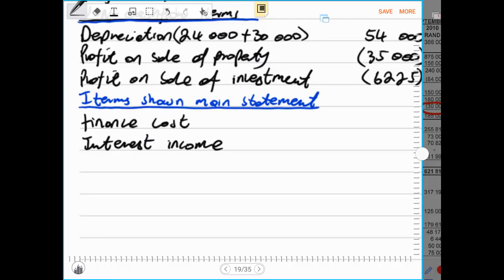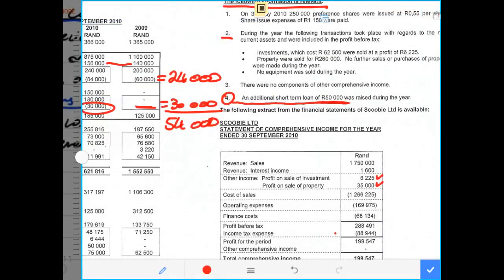Now let us check if we have finance cost or any interest income in this exercise. So now in the income statement, all of this is supposed to be reflected there as finance cost or interest income. Now in the income statement, the second line item is revenue, which is interest income. And remember, this interest income is an amount of 1,600 rand. And we are removing this because interest income is not because of the main operation of the business.